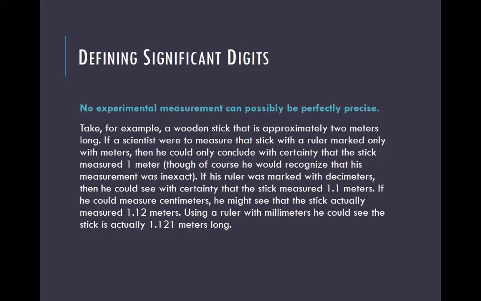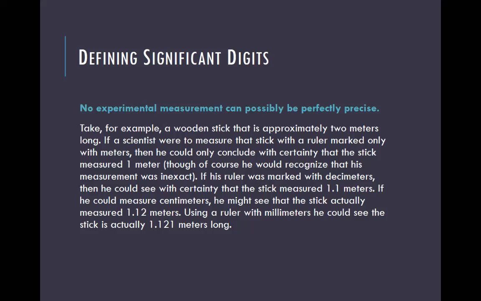Okay? Let's say we're going to measure a wooden stick that's about 2 meters long. If a scientist were to measure that stick with a ruler marked only with meters, then he could only conclude with certainty that the stick was measured at a meter long. Though, of course, he would recognize that his measurement was inexact. If his ruler, however, was marked with decimeters, then he could see with certainty that his stick measured 1.1 meters.